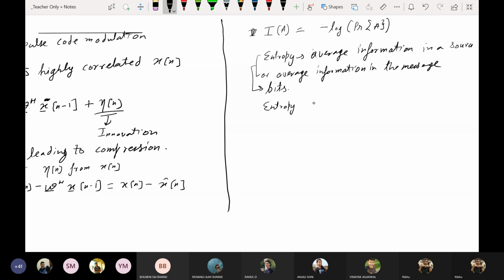And the entropy of a continuous complex Gaussian random variable is this.